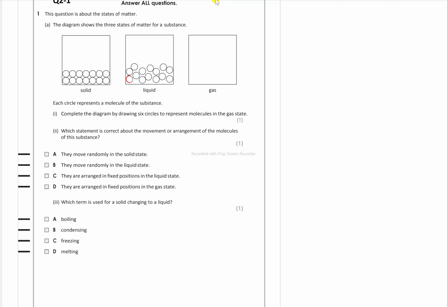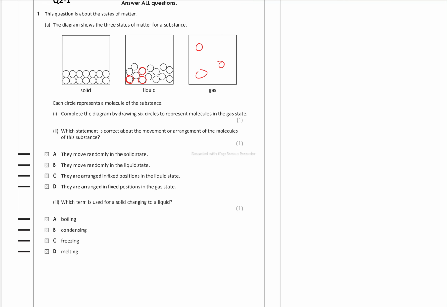There should be no gaps anywhere. Ideally it should be like this, because when they ask you to draw it, they say make sure that there's no gaps. They can slide past each other, right, but there should be no gaps unless it's ready to boil. And then you've got gas, which is just randomly everywhere.